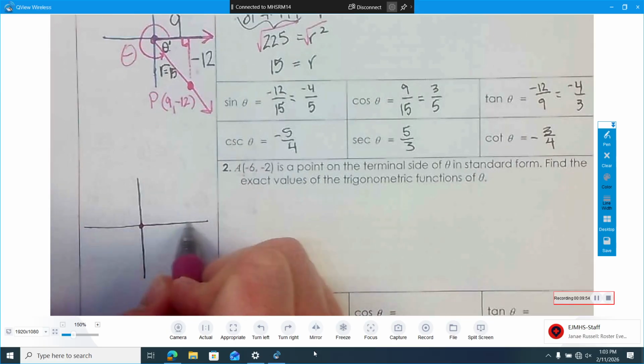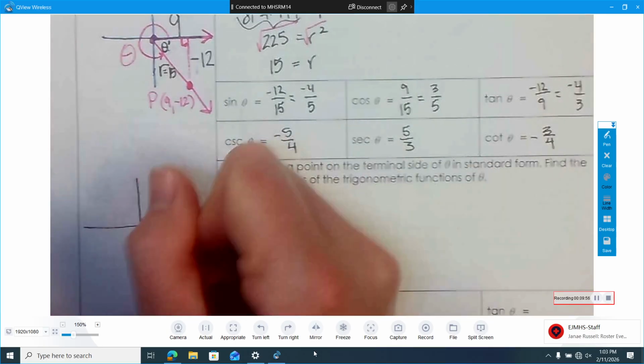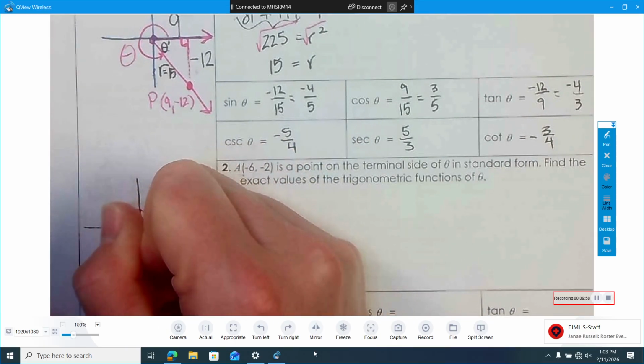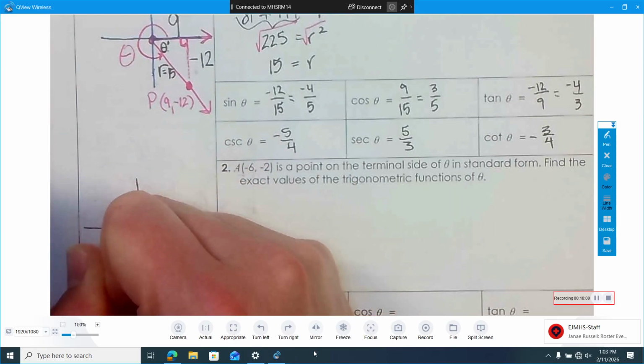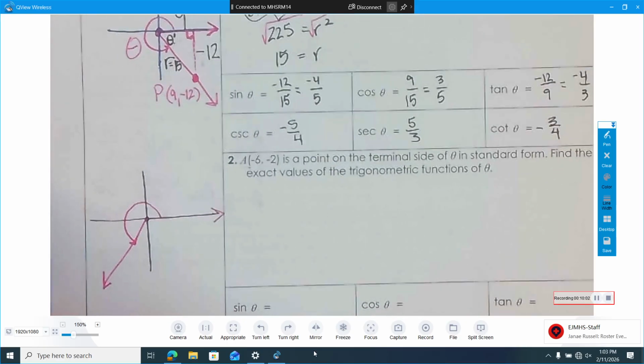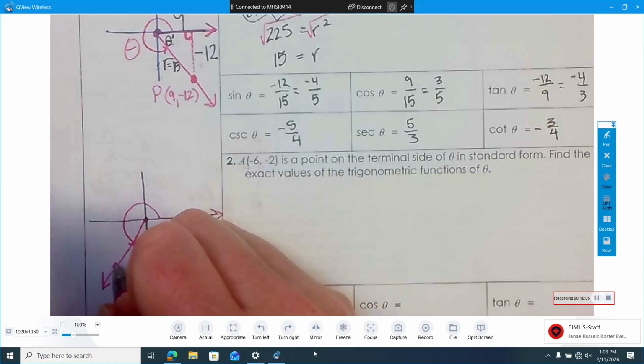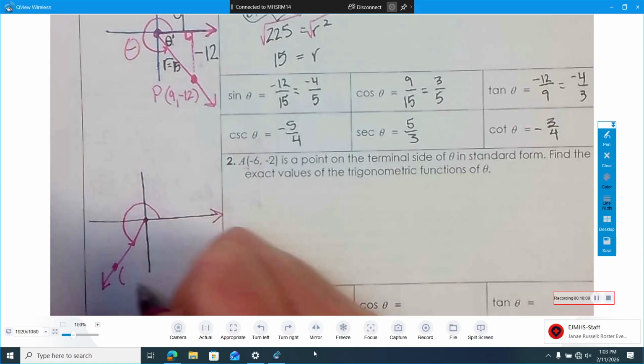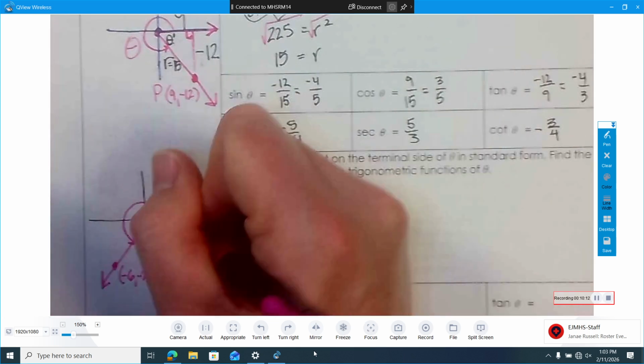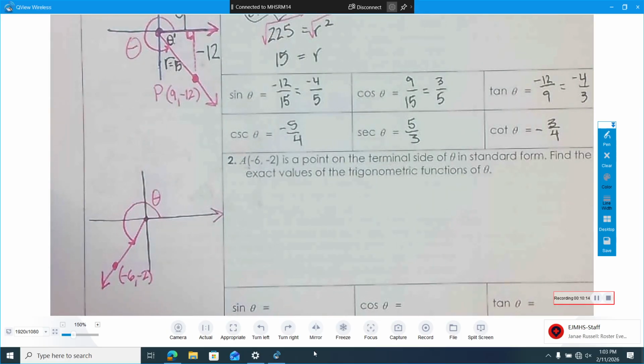So I have my initial side on my positive x-axis. It's opening up, and it's terminating here in quadrant 3. And one of the points on there is negative 6, negative 2. Again, this is not to scale at all, but I don't really care. So here's angle theta.